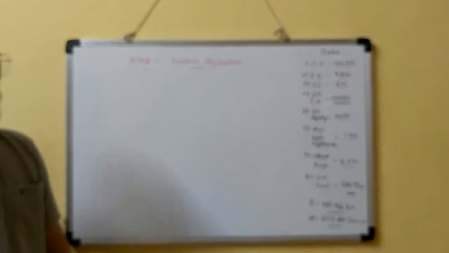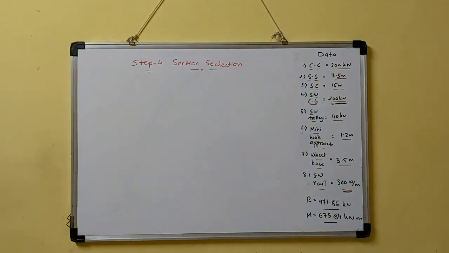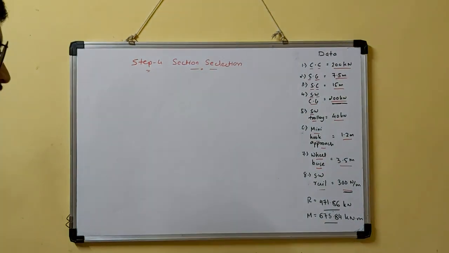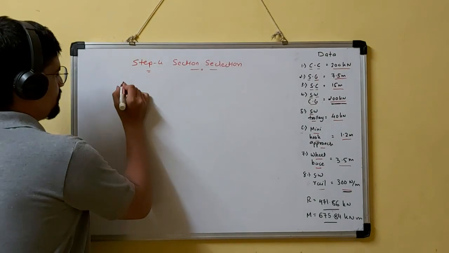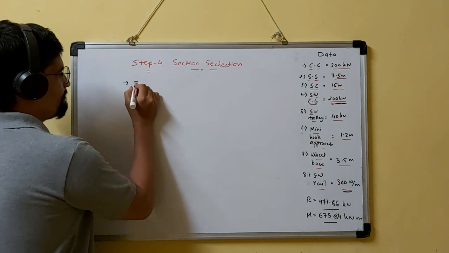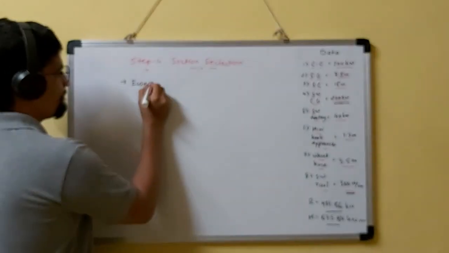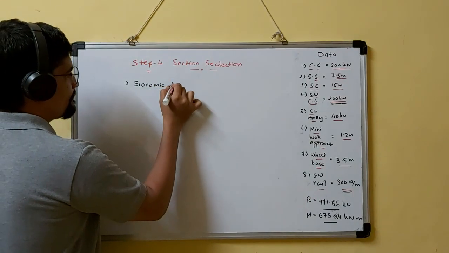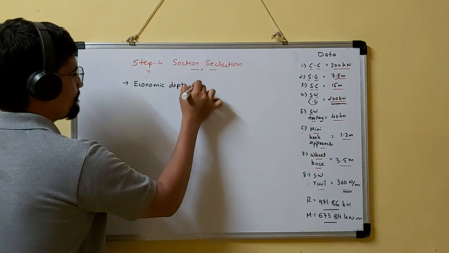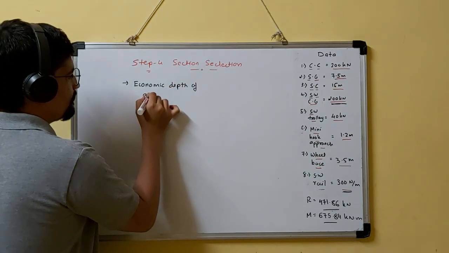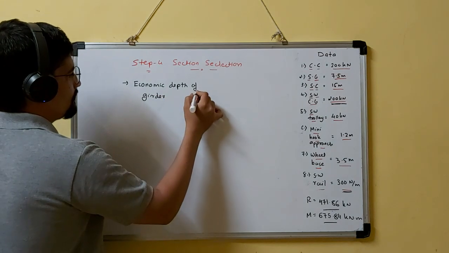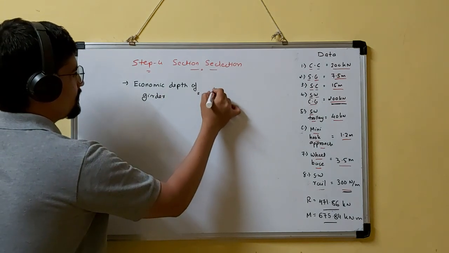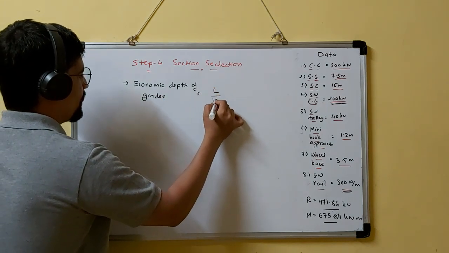The economic depth of the girder is calculated by the equation L by 12.